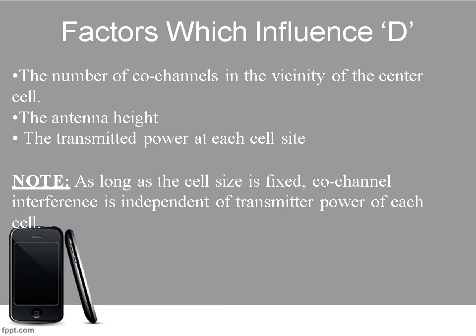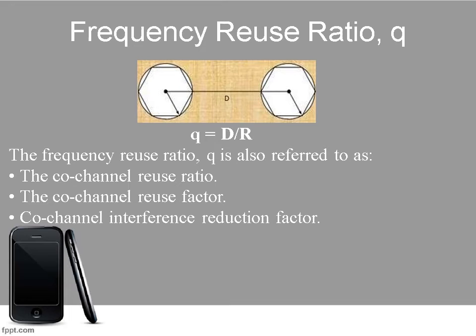So factors which influence capital D are the number of co-channels in the vicinity of the center cell, the antenna height, and the transmitted power at each cell site. Here you note it, as long as the cell size is fixed, co-channel interference is independent of transmitted power of each cell.